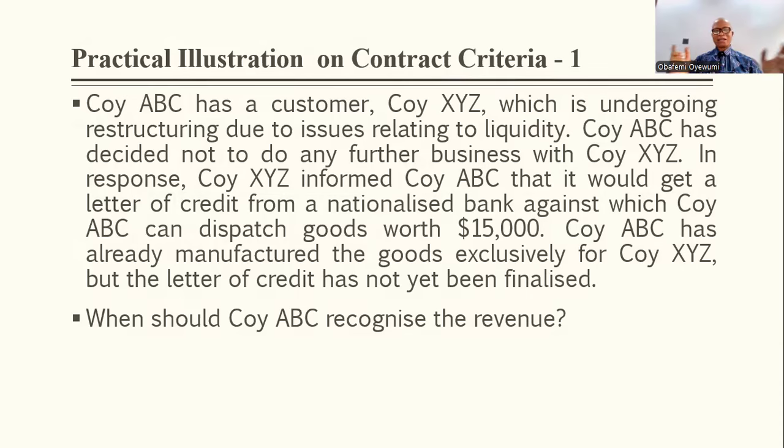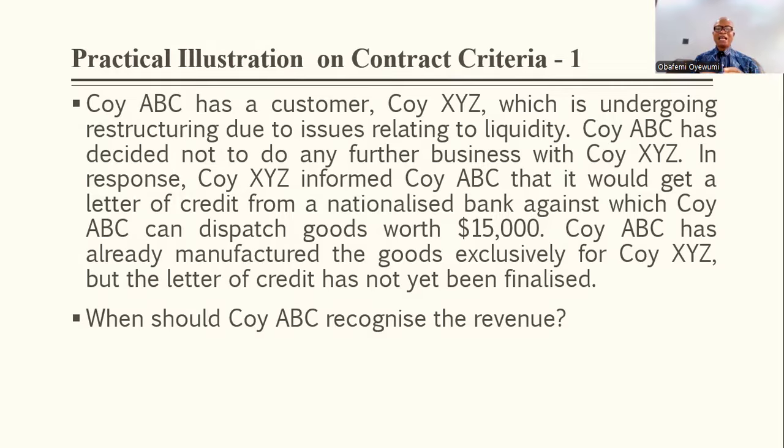Company ABC has a customer, company XYZ, which is undergoing restructuring due to issues relating to liquidity. Company ABC has decided not to do any further business with company XYZ.